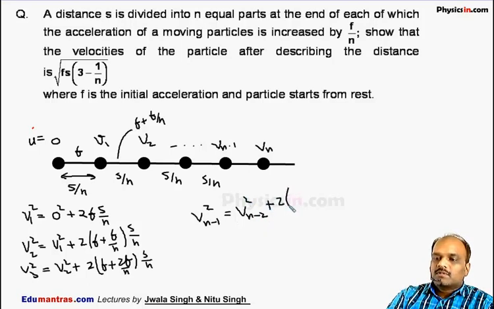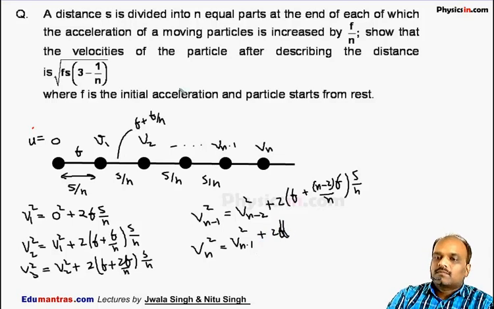In the same way, vn minus 1 square is equal to vn minus 2 square plus 2 times f plus n minus 2 into f by n into s by n, and vn square is equal to vn minus 1 square plus 2 times f plus n minus 1 into f by n into s by n.